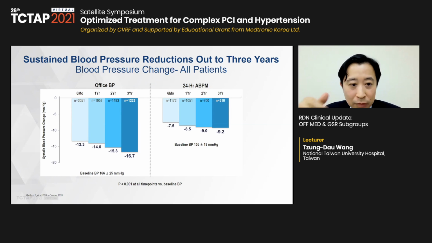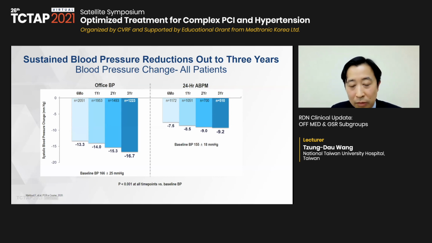We observe a 9 millimeter of mercury reduction in office systolic blood pressure at 3 months, but at 6 months, 13 millimeters of mercury, which is quite similar to what was observed in the Onyx trial, and at 3 years it is 16. And about half of that, 9 millimeters of mercury reduction, in ambulatory blood pressure was achieved in the Global SYMPLICITY Registry.